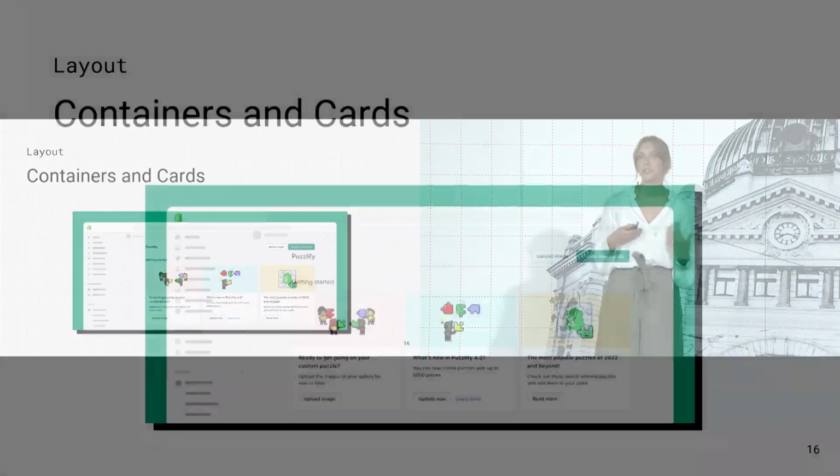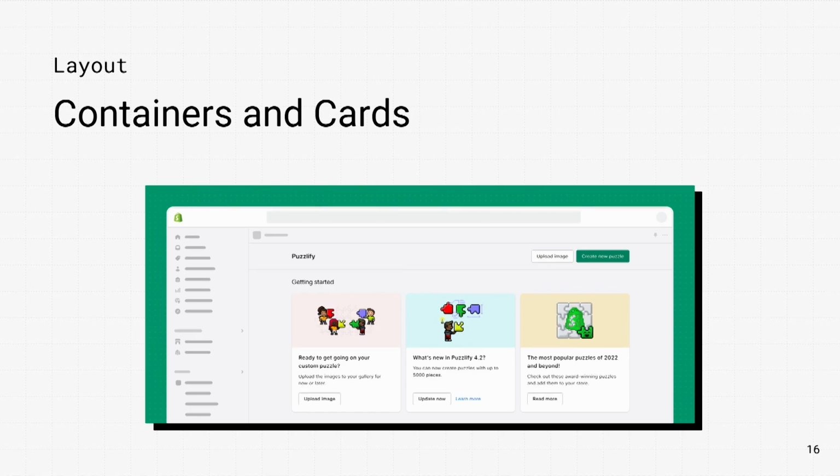Where here, by using containers, it naturally organizes and separates the information in a much more logical way. So users can really take what they need from one container before moving on to the next one.